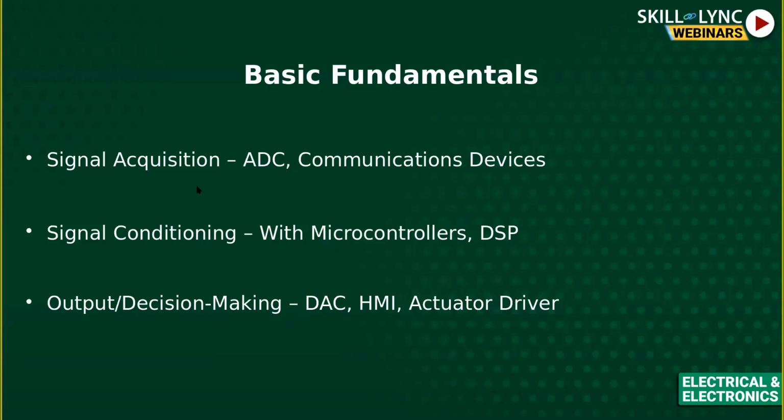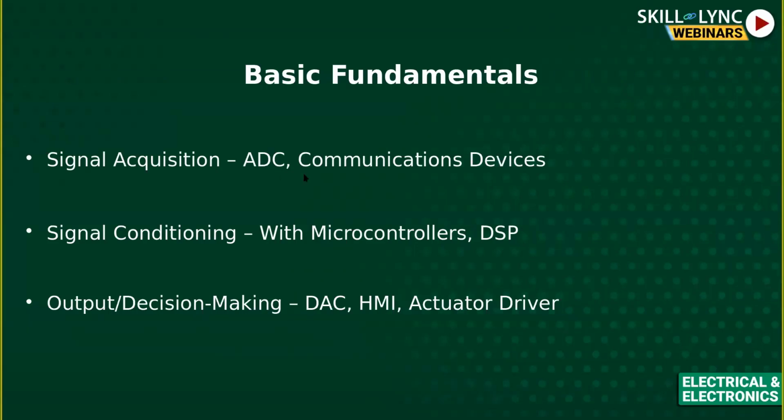So in the first step, we have the acquisition of the signal. Here there are some sensors attached to your signal processing system, which can give analog readings, analog waves, and an analog to digital converter, called an ADC, does this acquisition of analog signals and converts them into a digital format, which a computer can understand.